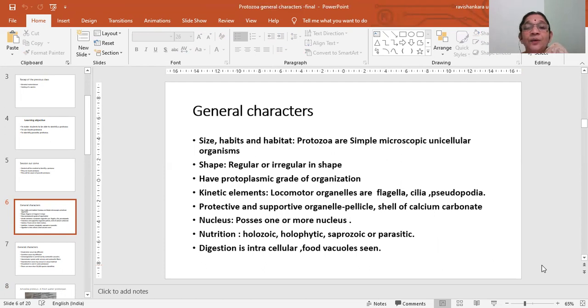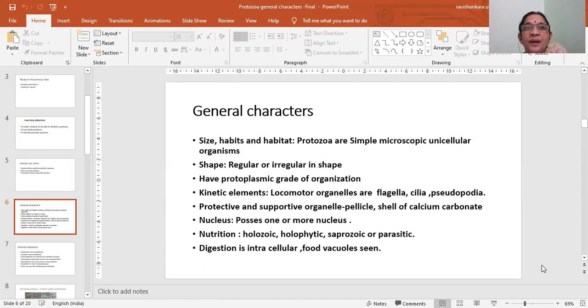What are these? The organelles of locomotion are either flagella, cilia or pseudopodia. Flagella are whip-like in nature, that means they have a long structure.